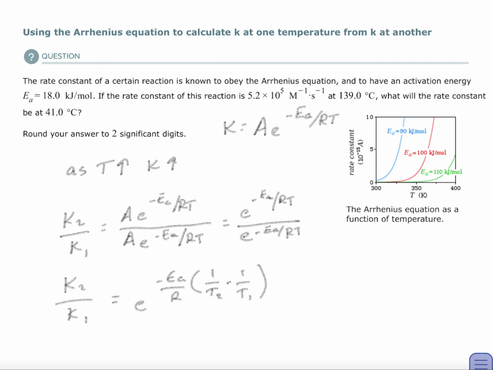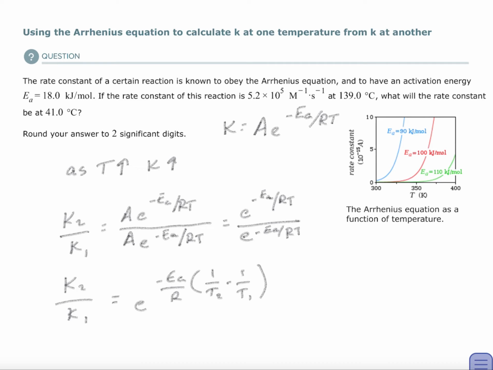And then I've got the Arrhenius equation on both of those and just make it equal to a fraction. You can see that your A cancels, and essentially you've got e to the negative activation energy over RT divided by the one at the new temperature.